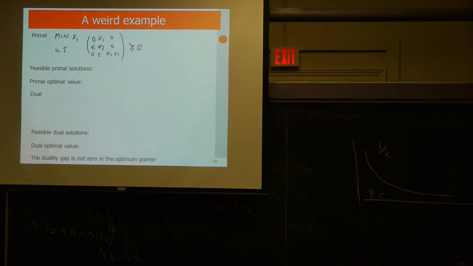So what are the feasible primal solutions for this? How do they look? So we know that this matrix is PSD. What values can we allow for x1 for this matrix to be PSD?